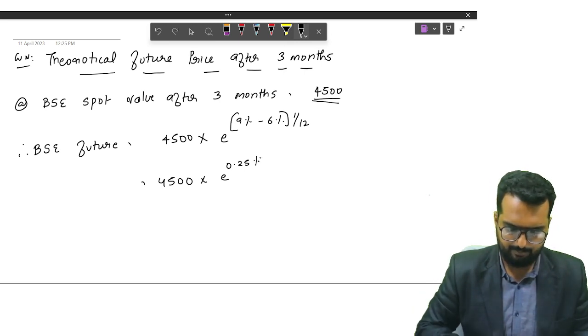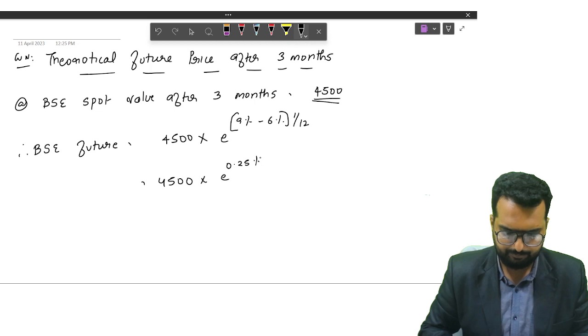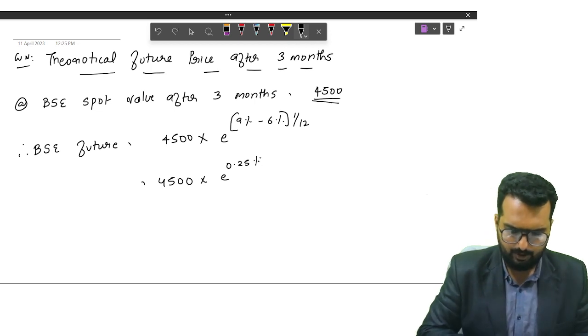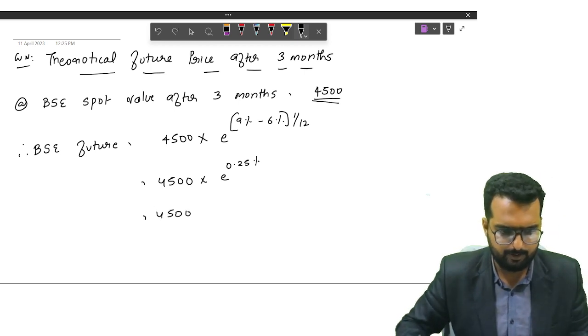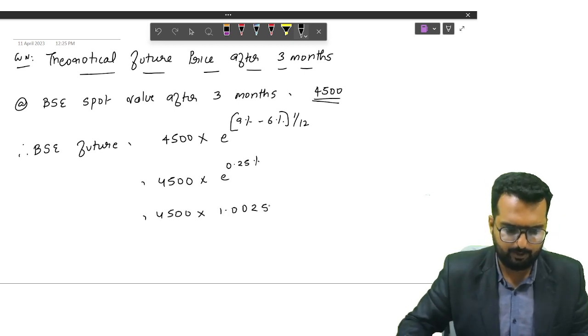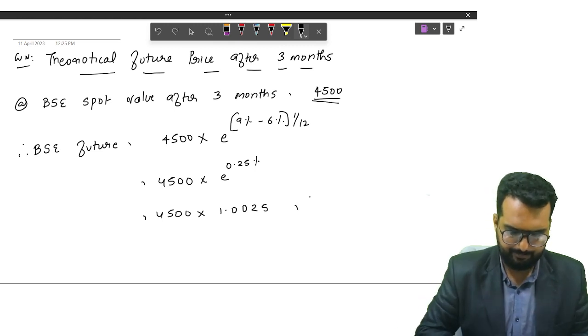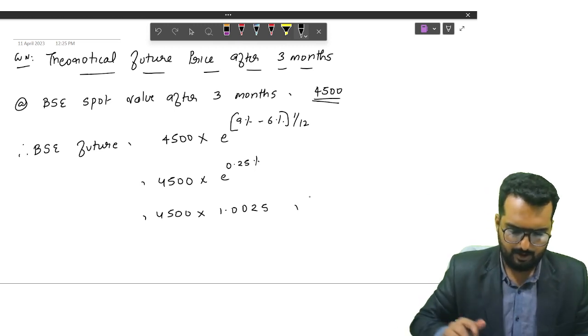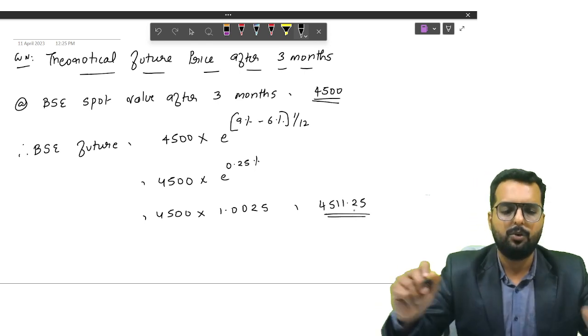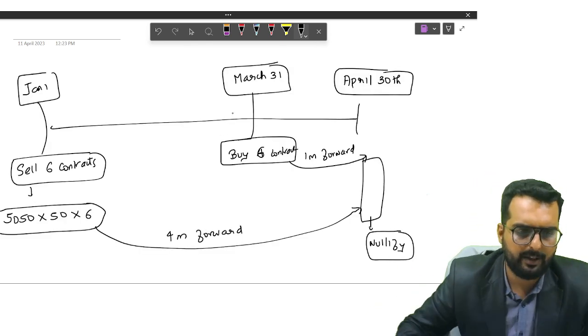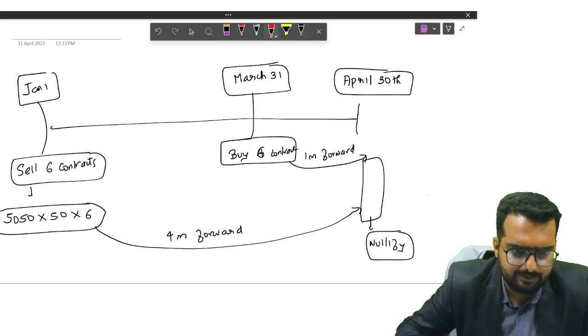So that will be 1 plus 0.0025 plus 0.0025 square divided by 2. So I'll get the number as 4,500 into 1.0025. Okay. If I do this, I will get the number as 4511.25.